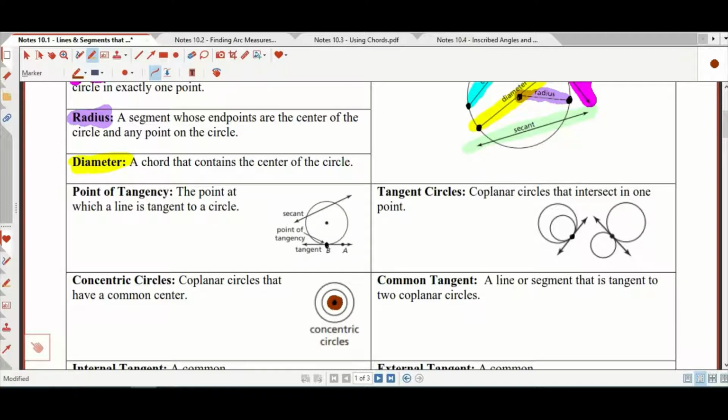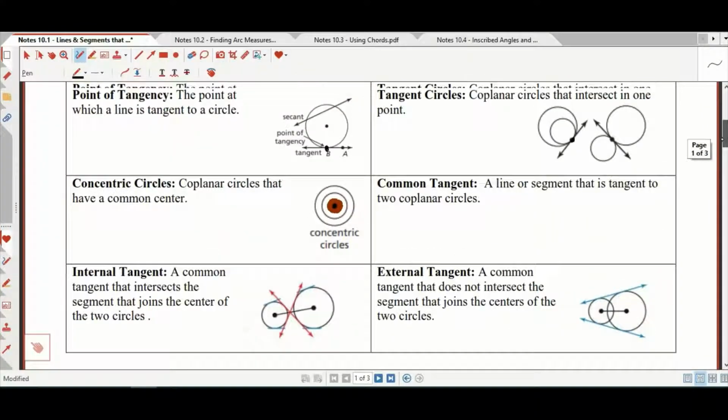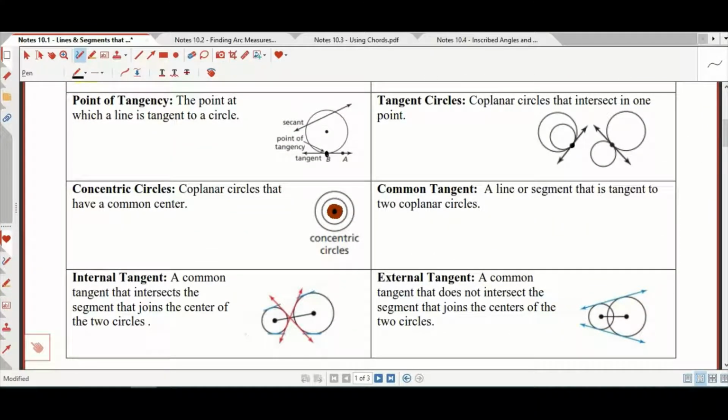There. Very good. Now, a common tangent is a line or segment that is tangent to both coplanar circles. That is, the tangent lines that you see right above here are common tangents between those 2 circles. There are internal tangents, a common tangent that intersects the segment that joins the centers of 2 circles, like this.